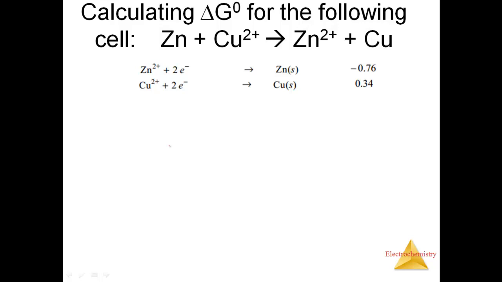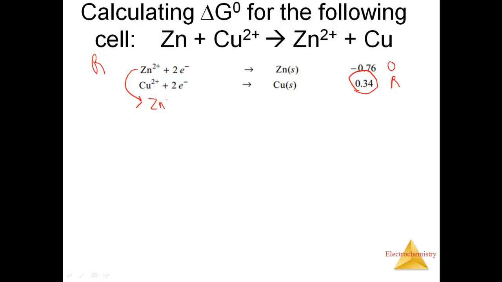Remember, all of these are listed as the reduction potential, their voltage when they're undergoing reduction, so they're written as reductions. The one that has the more positive, or the higher voltage, is going to be the substance that gets reduced, and the other will be oxidized.